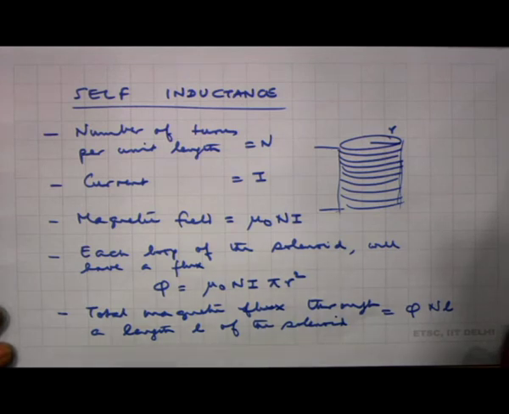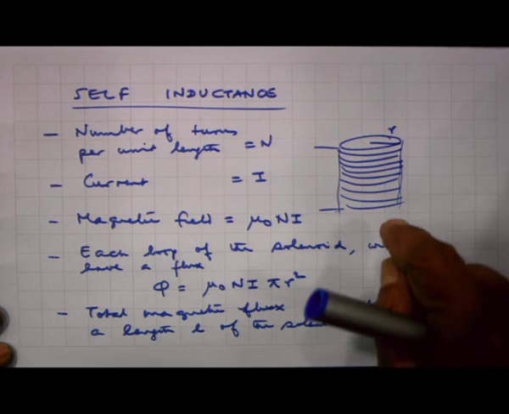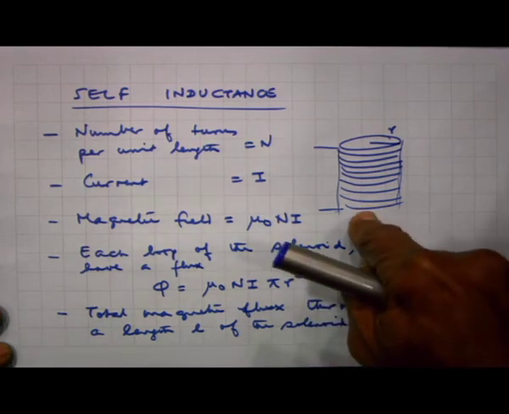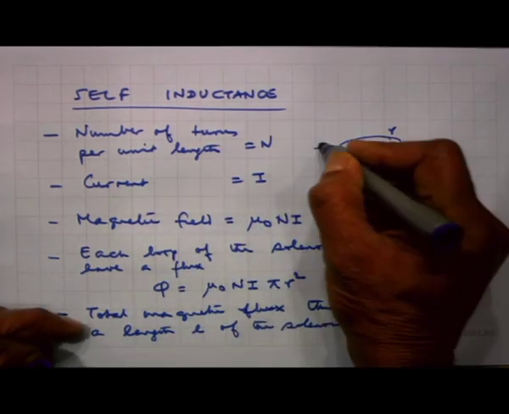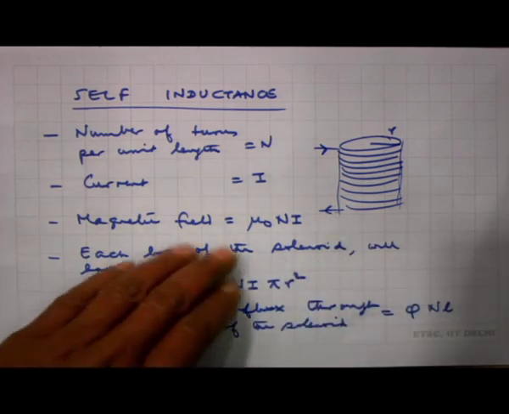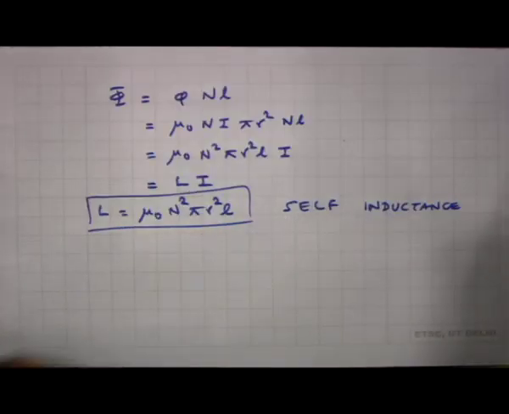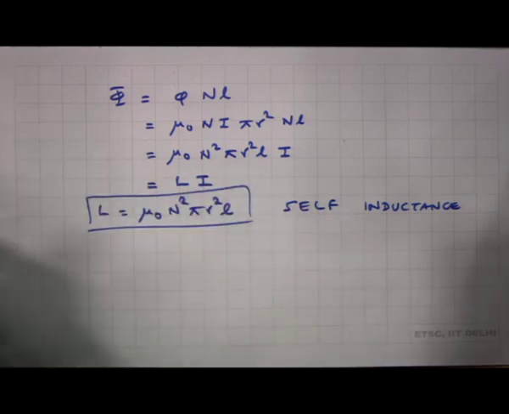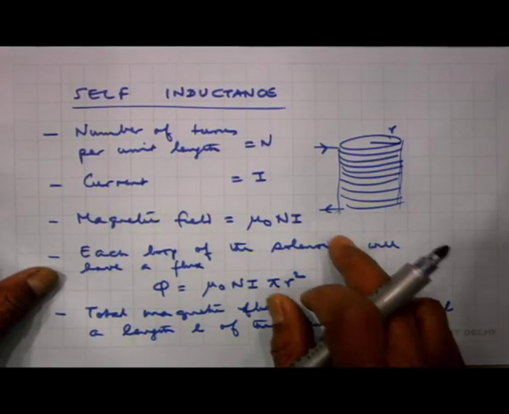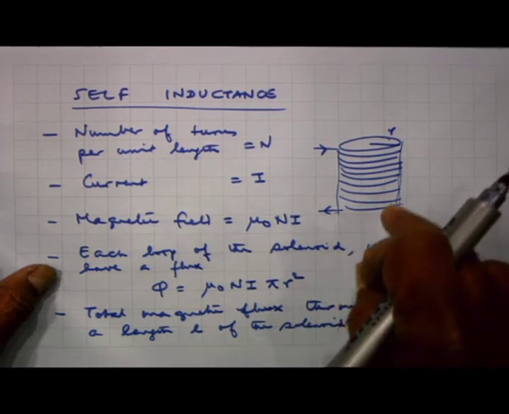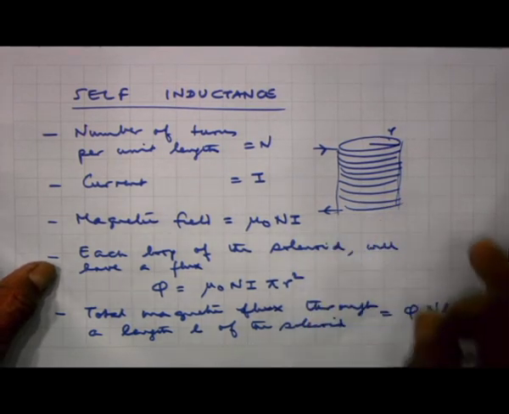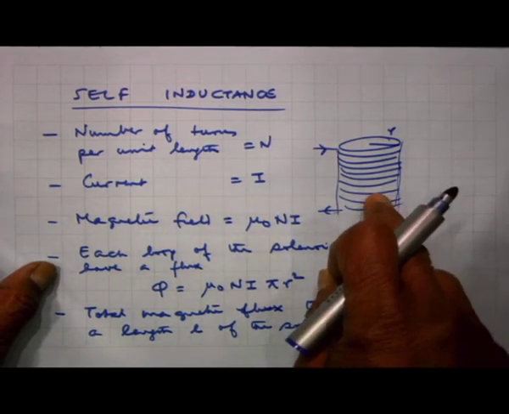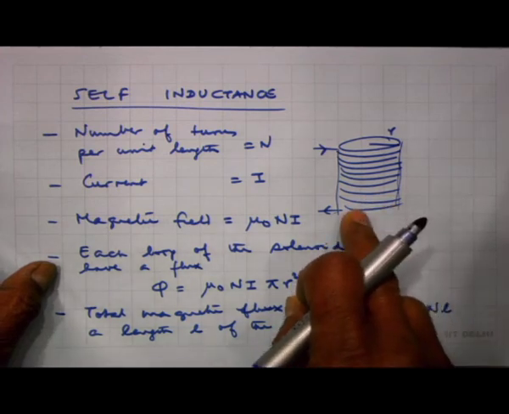Now if I change the current passing through the solenoid, if I change I with time, this will induce an EMF in the coil itself, because when I change the current through the solenoid, I will change the flux passing through the same solenoid, and that change of flux will lead to an EMF.